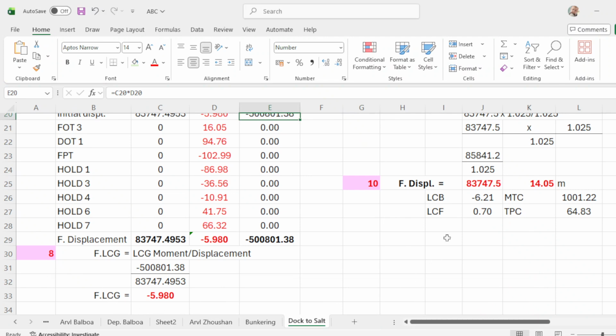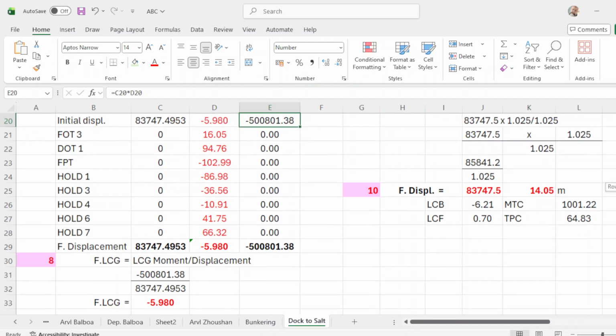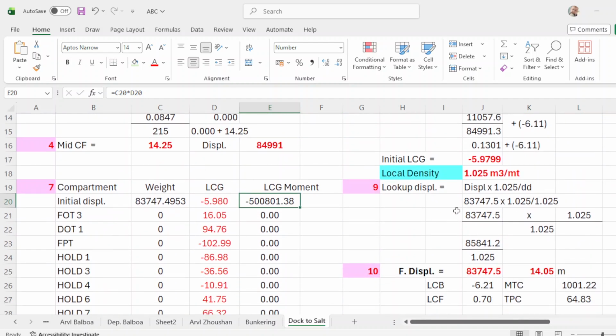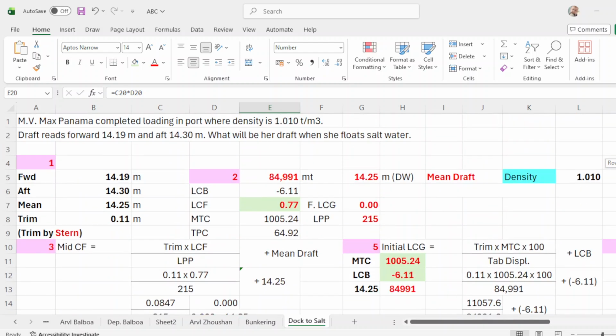Then we go to number 9. You go up here. This is your number 9. So your lookup displacement equals displacement times 1.025 over your local density of 1.025, which is this one, when you are floating in salt water.